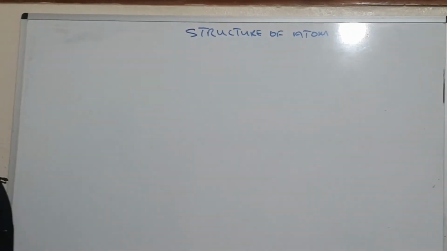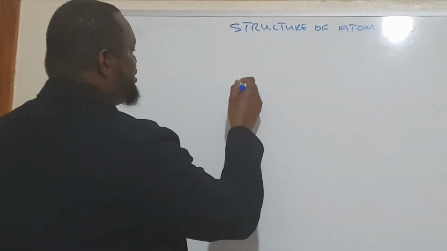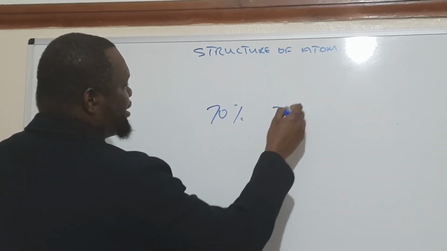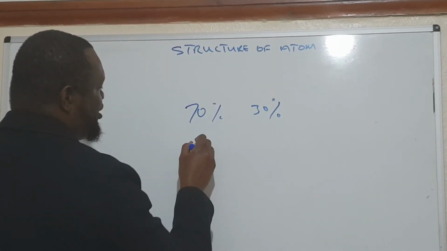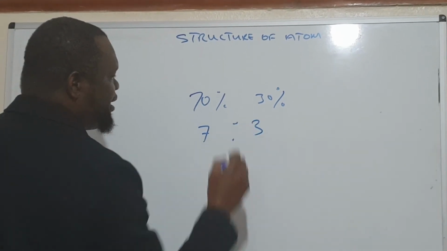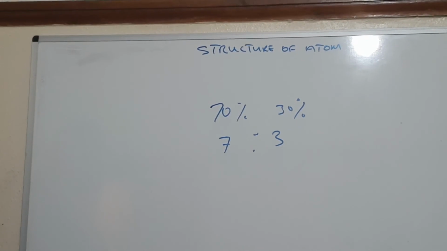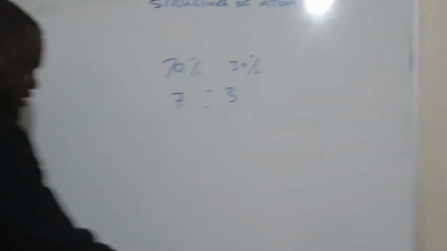But if somebody says something is 70% abundant and 30% abundant, this means they are in a ratio of 7:3. Either way you do it, you come to the same answer. Be careful.